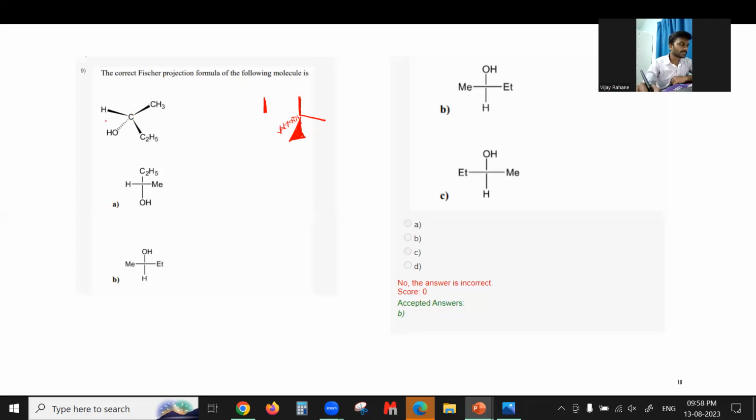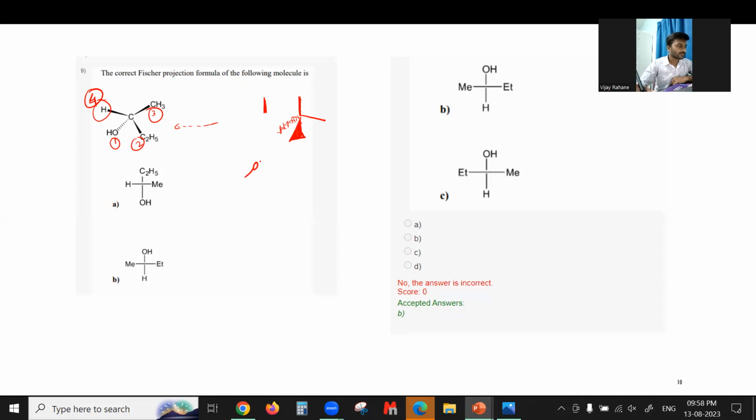Here we'll give the numbering first. This is the first group, this one is the second, and this one is the third, right? In this one, this is the fourth priority group, so we have to look from the back side, right? If we look from the back side, I will draw the structure.